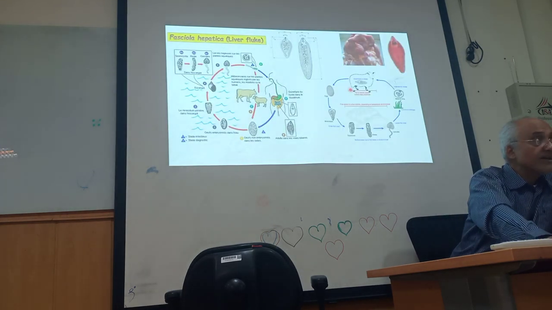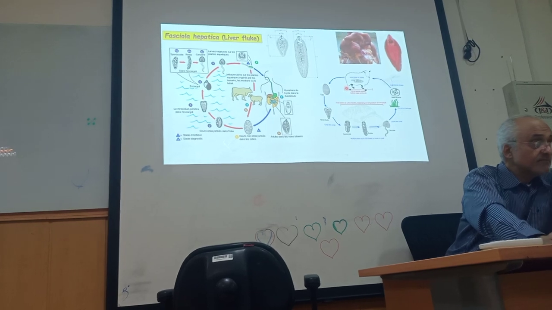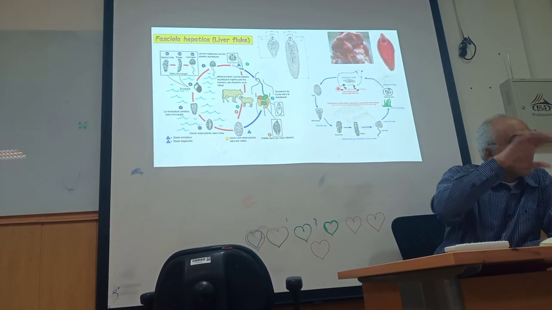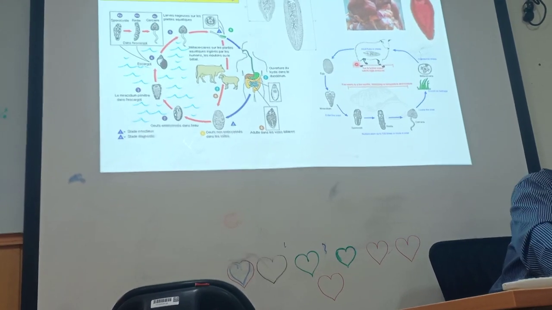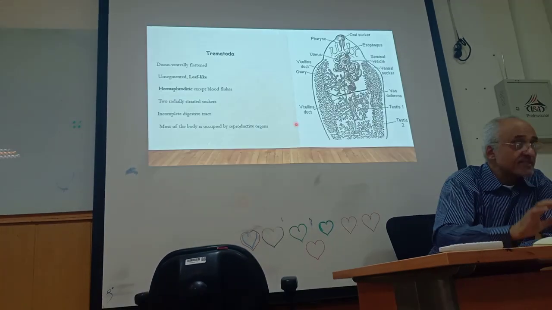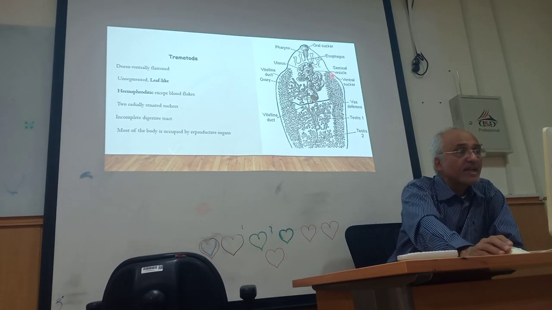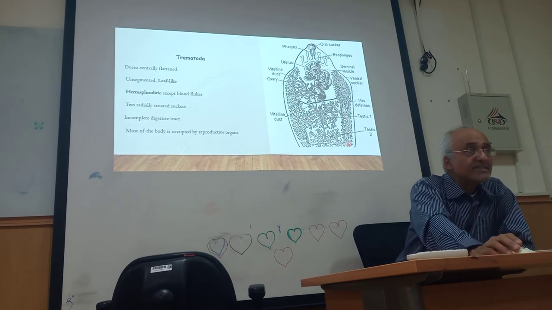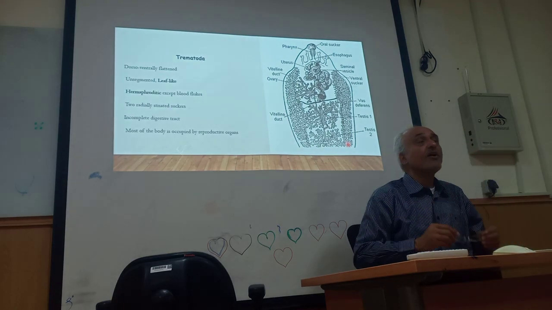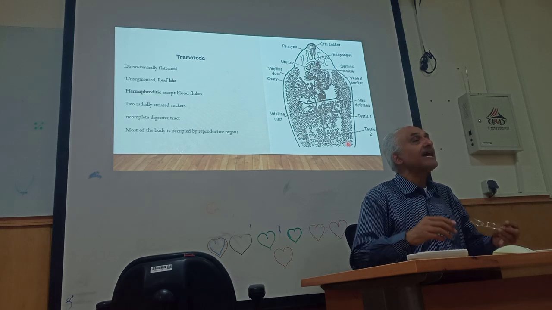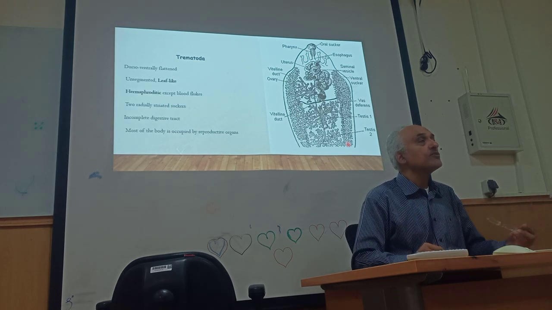This is the oral sucker, this is testis, branched one, and this is ovary. Okay. So what is meant by incomplete digestive tract? No, I will talk about it later on. Because, you see, as you ask the question, if ceca, for instance, we have here ceca. This is ceca, okay? This is not something consisting of the esophagus, intestine, and other parts, and going to the anus.